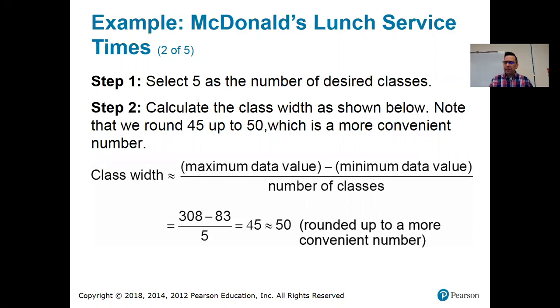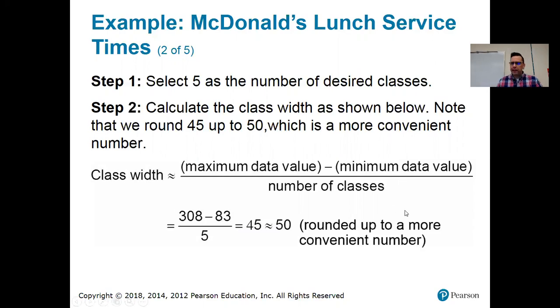And then subtracting the minimum data value, which is 83. 308 minus 83 is 225. And when you do 225 divided by 5, you get 45. So my exact class width would be 45, but we're going to round it up to 50 because that's an easier number to work with.